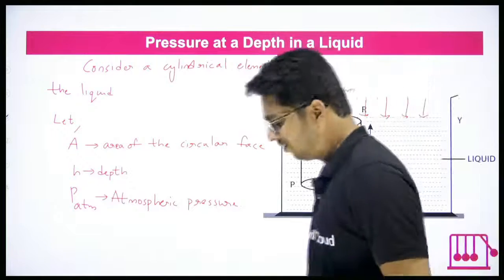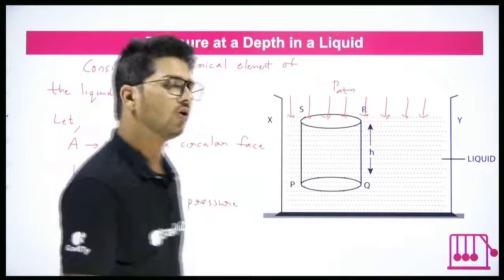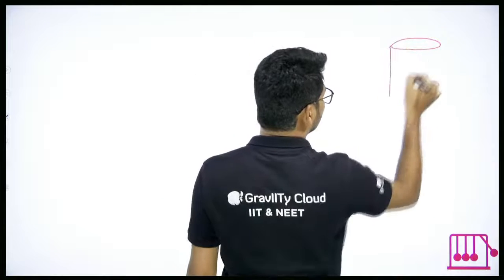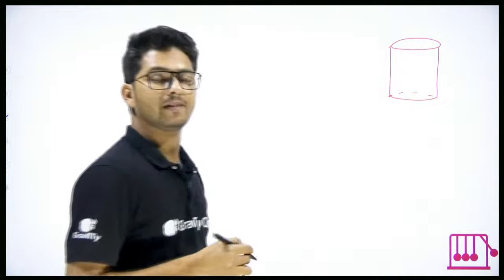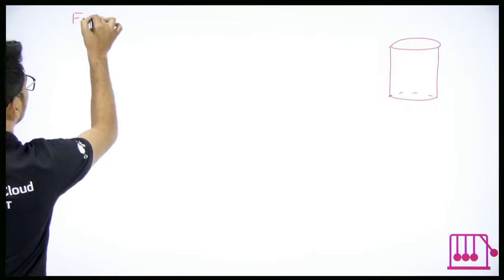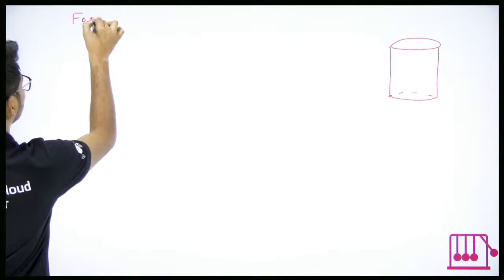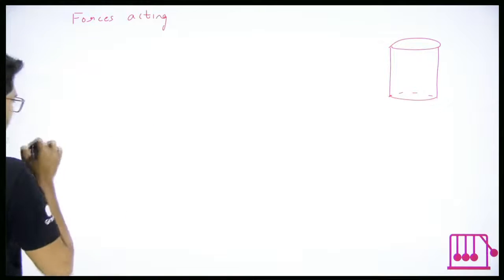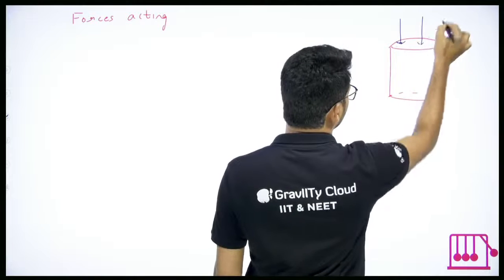Good. Now understand this. Pressure by liquid is always a pushing force. Always. So here if I take this cylinder, that cylindrical element, what are the forces acting on it? One force will be the force due to atmospheric pressure.